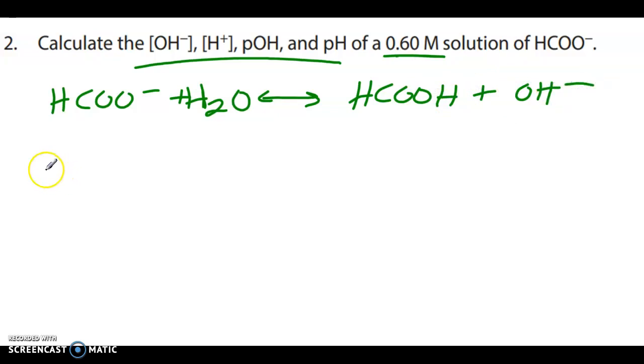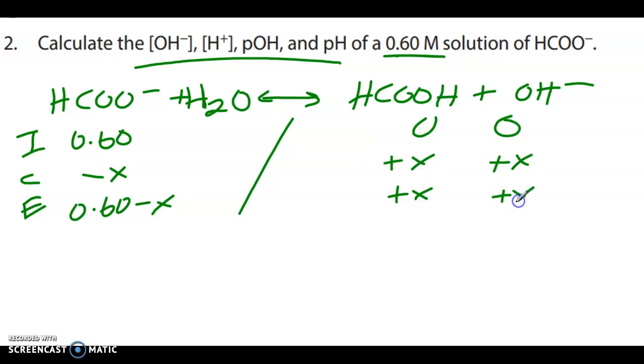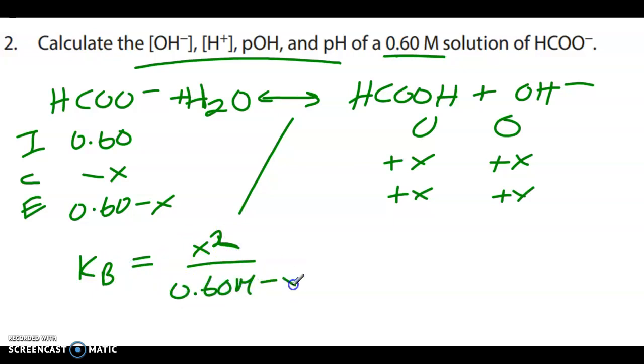Right? So in this case, we have the initial concentration, which is 0.6000, of course, minus x, and then plus x, right? So the Kb value is going to be x squared over 0.60 minus x.